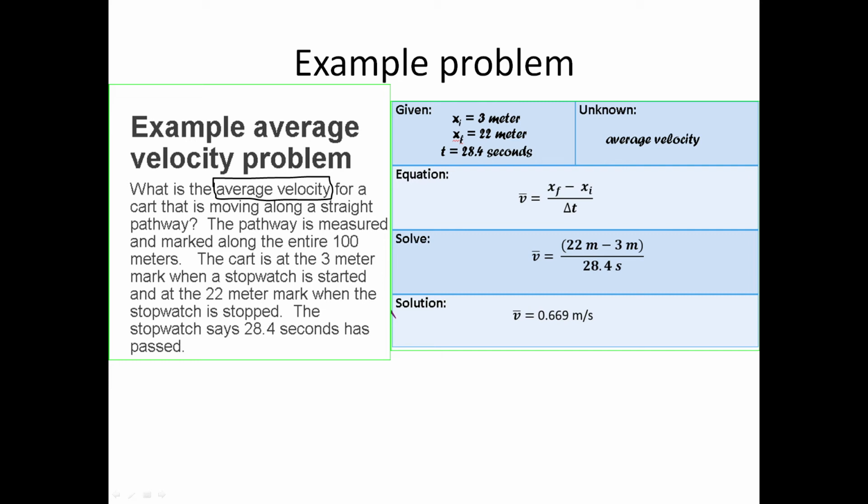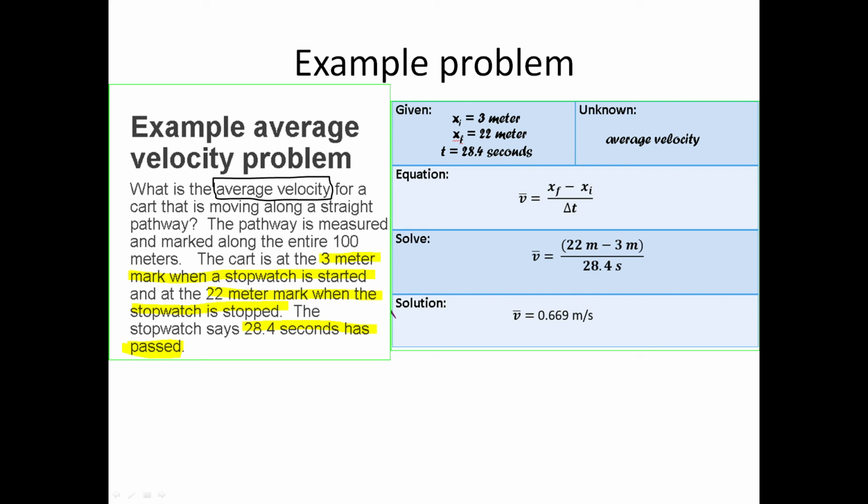But what we do need is that it's at the 3-meter mark when the stopwatch is started, and then it's at the 22-meter mark when the stopwatch is stopped. So I'm going to highlight that since that's important information. And then the stopwatch has 28.4 seconds that has passed. So I'll use the GUESS method to solve this problem.